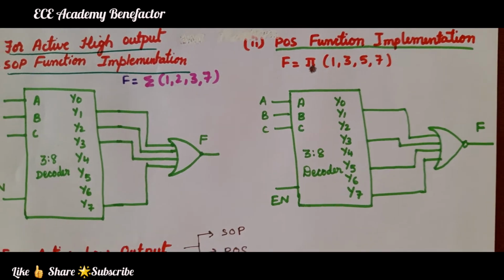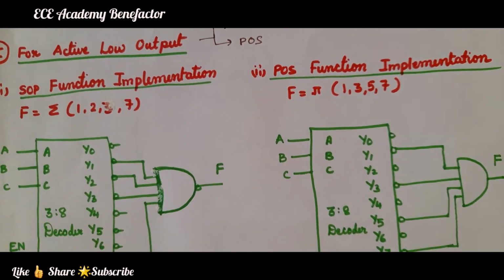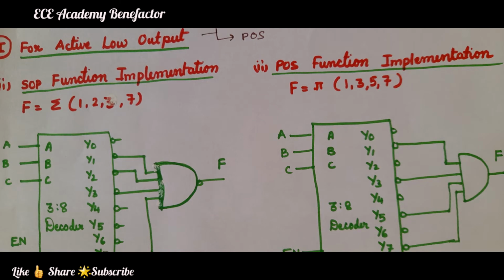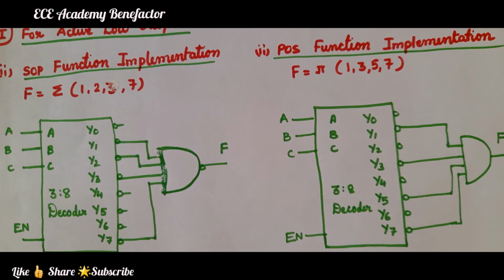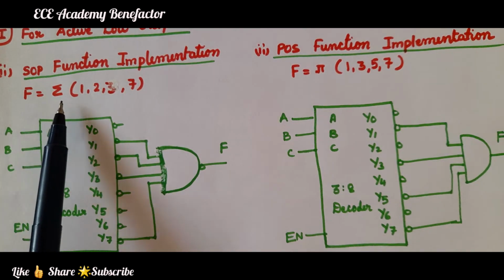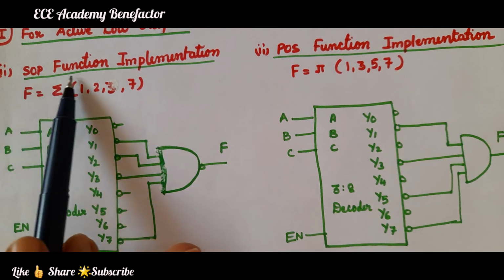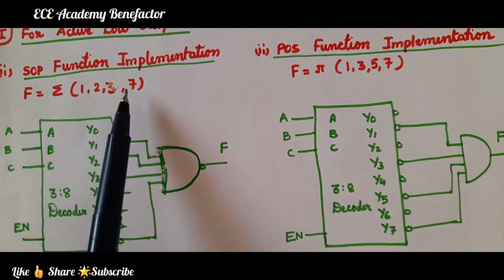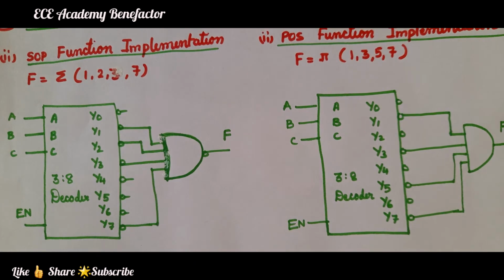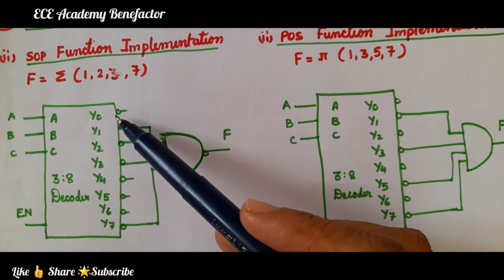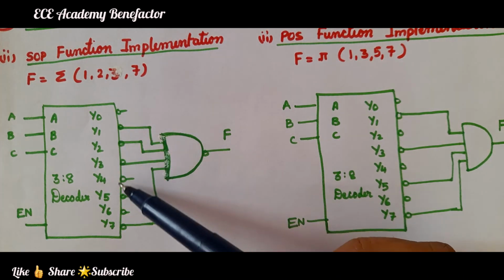Now let us see active low output: when the output is active low, how to implement using a 3:8 decoder. Here the function is given as summation 1, 2, 3, 7. Summation means it is an SOP function. 7 is the largest one, so definitely a 3:8 decoder is enough. For active low output, we need to connect bubbles at the output. Bubbles mean they are active low.